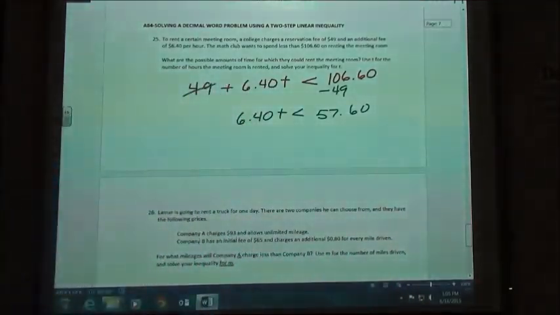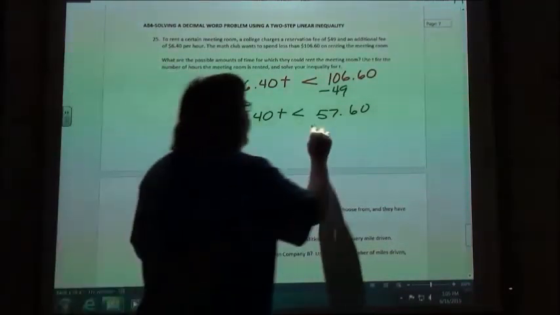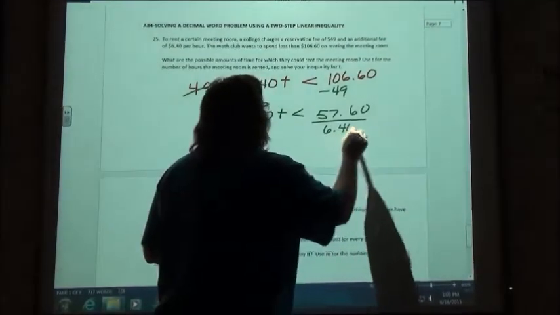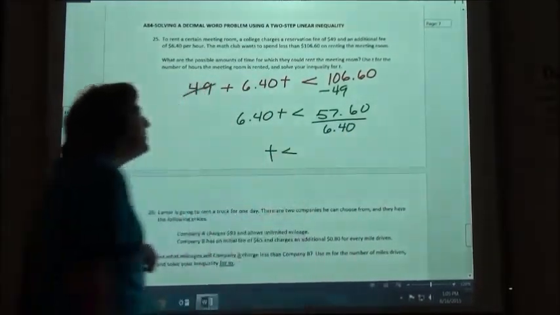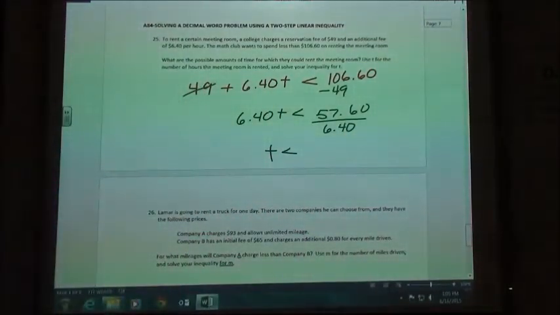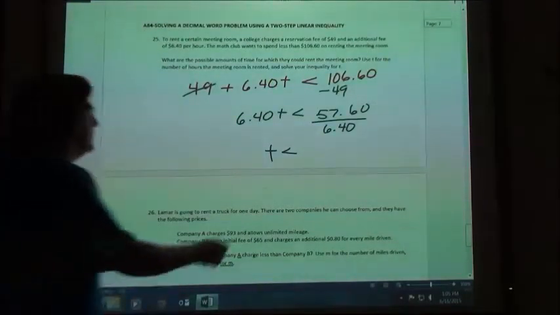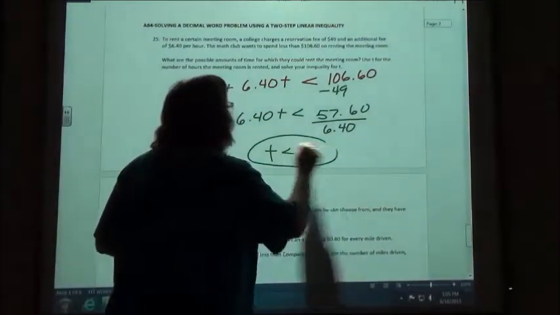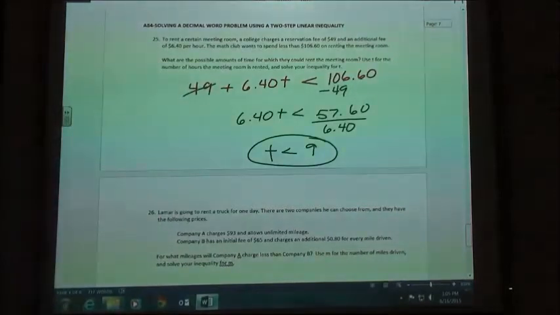Okay, 57.6. I got to divide by my 6.40, so T has to be less than 9. So if I rent the hall for less than 9 hours, I'm going to stay in budget.